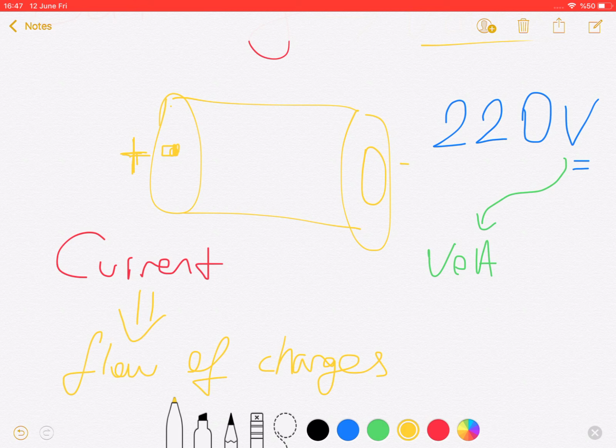Charges interact with each other, and we call this the electric field, where one unit charge affects another. So flow of charges is the definition of current.